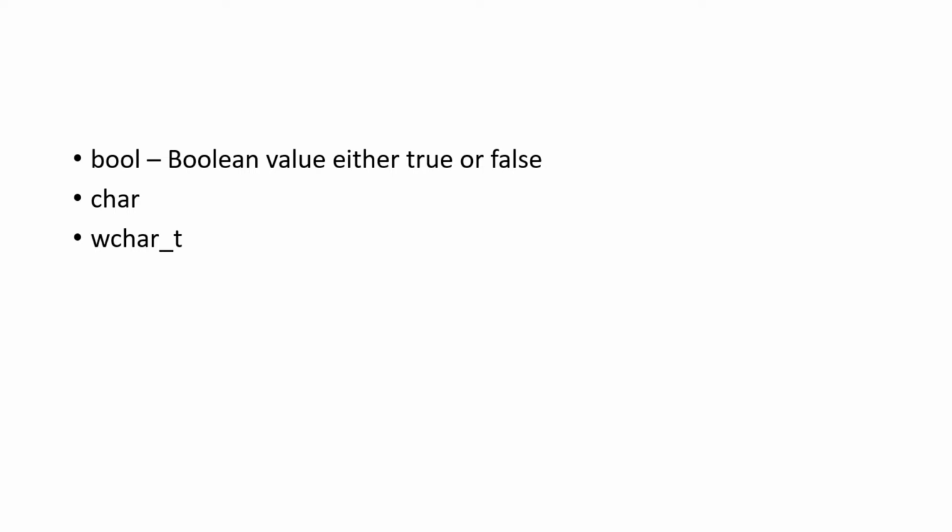Now we also have these other data types, and they're not related to numbers. So Boolean, bool as we call it. Sorry, not bool, bool is a keyword. It's just a Boolean value. It could be true or false.